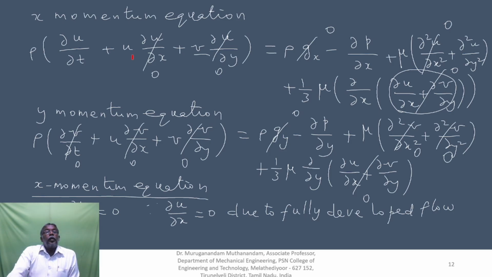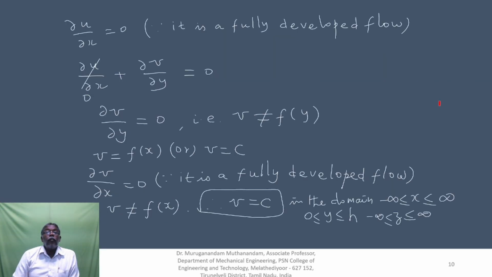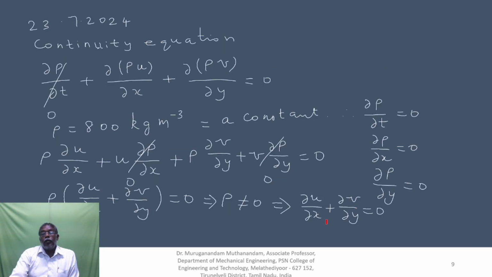In the x momentum equation, the partial u upon partial x is 0, again due to the fully developed flow condition, and the sum of partial u upon partial x plus partial v upon partial y is equal to 0, again due to the reduced form of the continuity equation. The reduced form of the continuity equation says that partial u upon partial x plus partial v upon partial y is equal to 0.